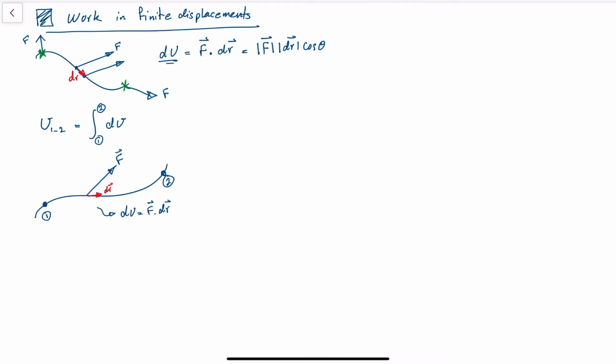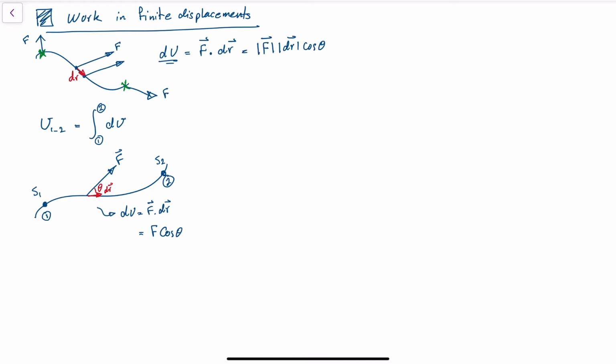So as I move, if I am at path coordinate s1 and I'm going to path coordinate s2, this quantity F dot dr, I can write as the size of F times the cosine of the angle.